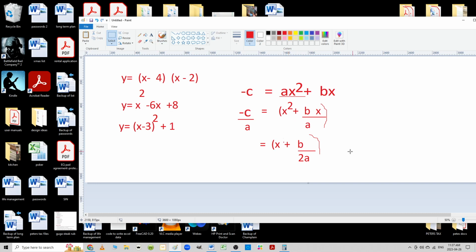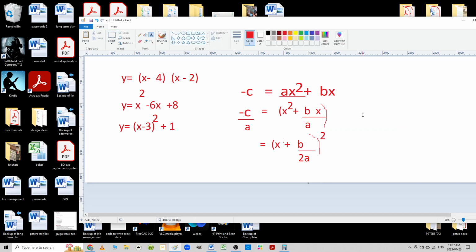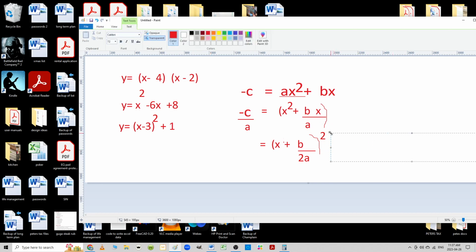There, like that. And now I can add a square. But the problem when I do this, and this is complicated, I'd have to show you some numbers, is that I now have to subtract the square of that. It's kind of hard to understand. I now have to subtract the square of that, squared.